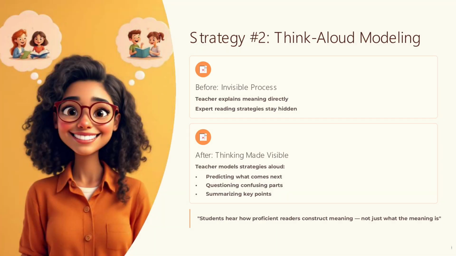The second strategy that makes reading a little bit more digestible for students is called the Think Aloud modeling strategy. And here, teachers play a really active role in sharing their thoughts out loud with the class as they're reading a chapter or a paragraph or whatever text it is. So instead of summarizing a paragraph and telling the class what they just read or what it means, they take a step back and really dissect each level.